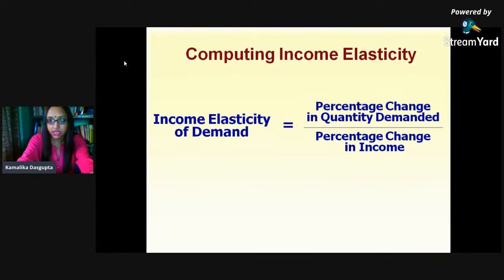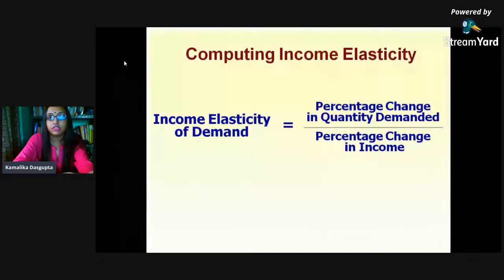Now, let me tell you that for a normal commodity, remember, again I'm saying this, commodities which are normal means not of inferior quality. These normal commodities don't have any special characteristics. Examples of normal commodities would be food, clothing, books, mobile phones.